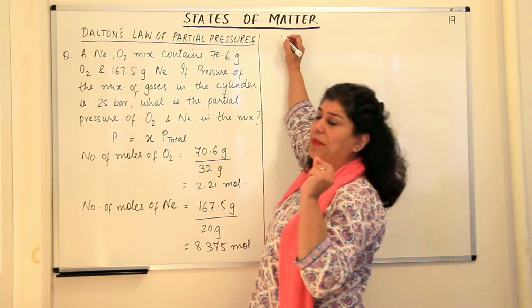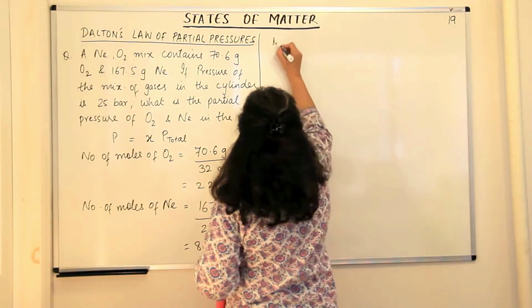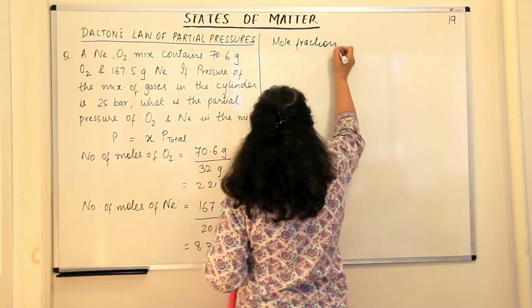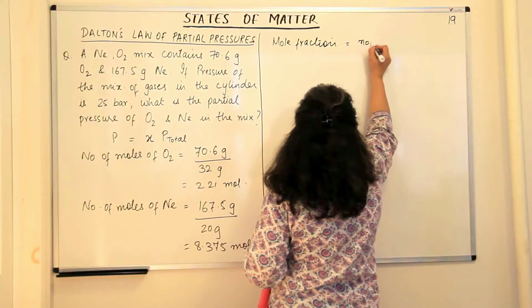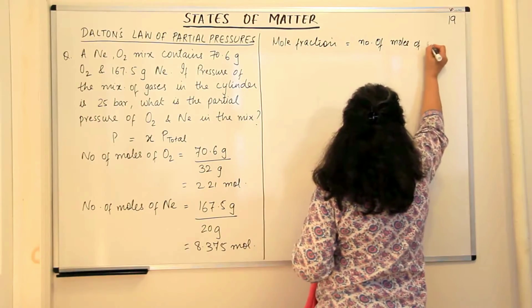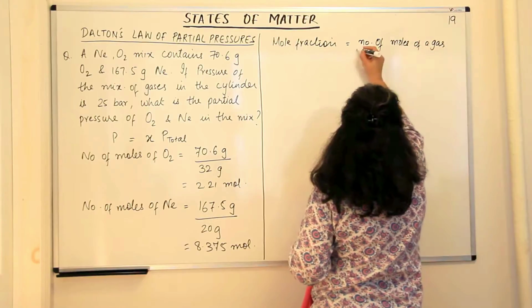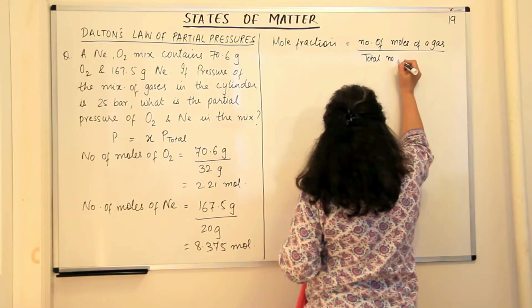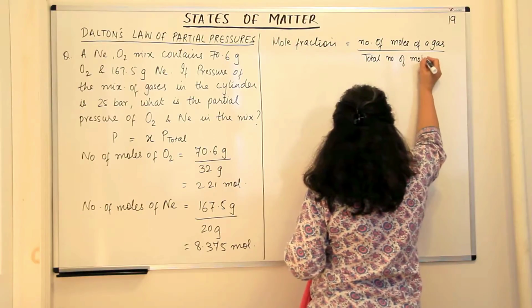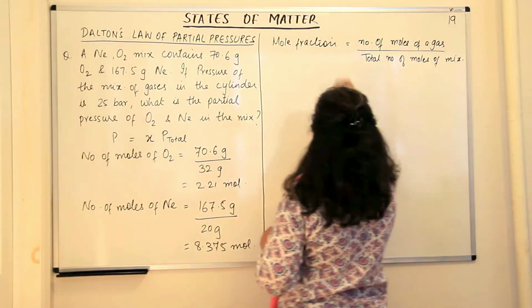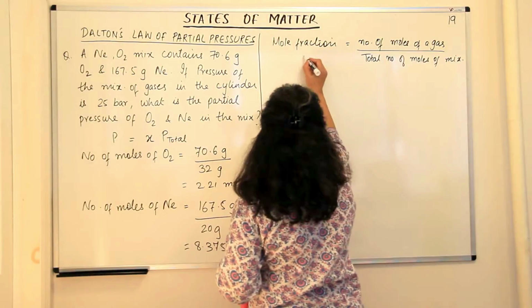And it is represented by X. So mole fraction is number of moles of a gas divided by the total number of moles of the mixture. That will give you the mole fraction.